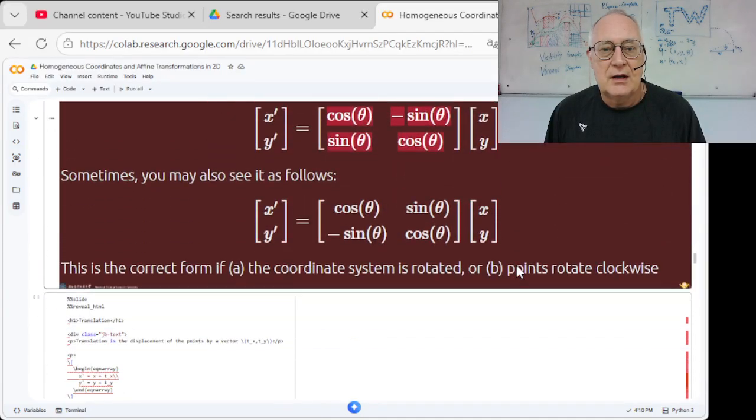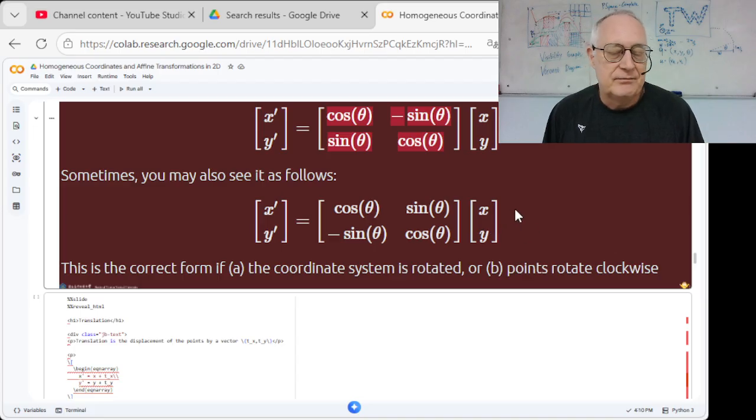Which is why the cosines here are unchanged, but the negative sign on the sine switches. So those two matrices are actually inverse matrices. If you multiply them together, you get the identity matrix.